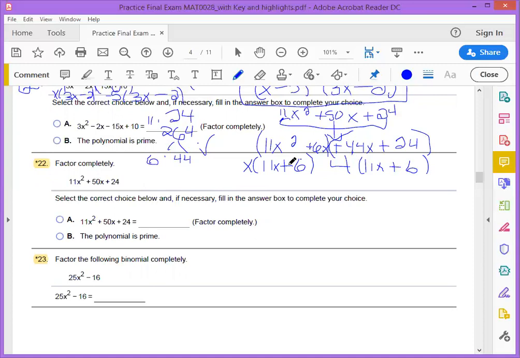All right, we have the same factor, so we know we factored that correctly, and that's one of our solutions. So 11x plus 6 is one of our solutions. The other is going to be the outside term, so x plus 4. This is our answer, 11x plus 6 and x plus 4.